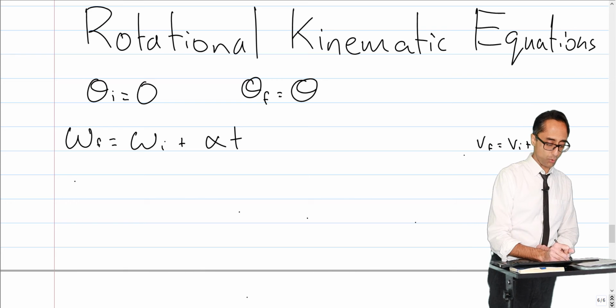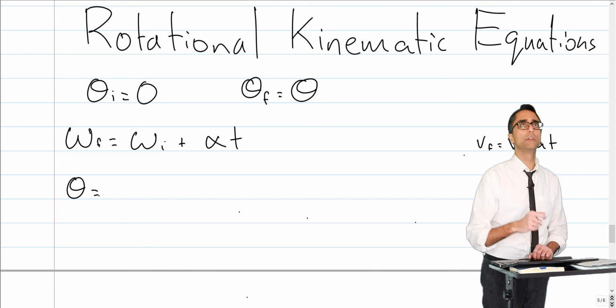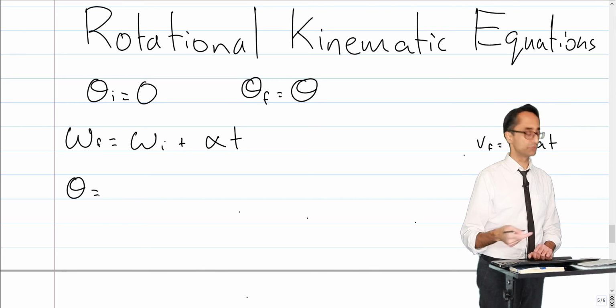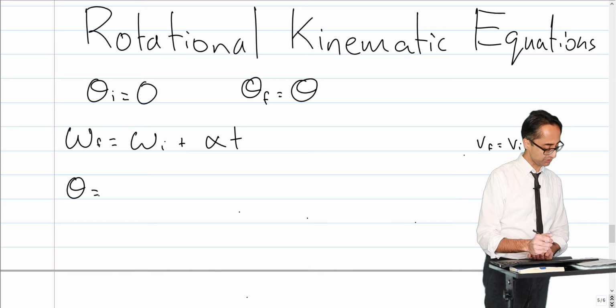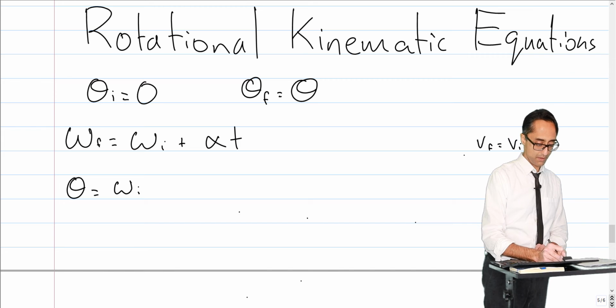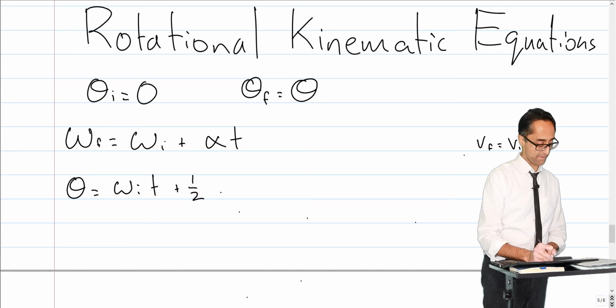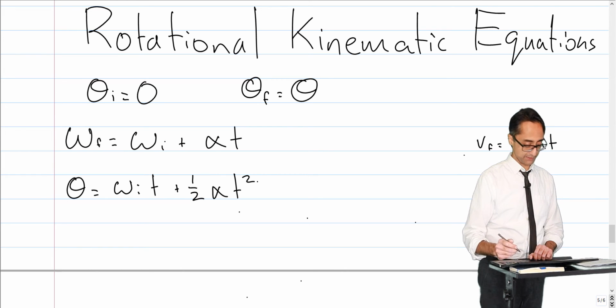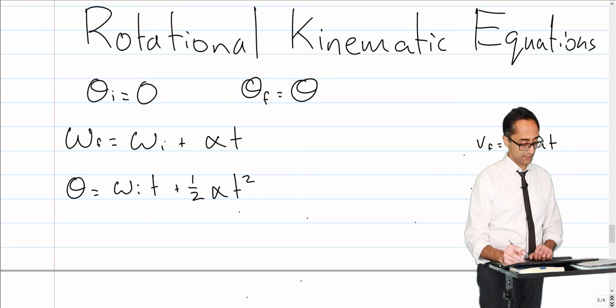And our second equation, I remember was that one, x final equals x initial, etc. But if x initial is equal to 0, then we just have theta equals omega initial times t plus 1/2 alpha t squared. And this is exactly the same as x final equals x initial plus v initial t plus 1/2 at squared.